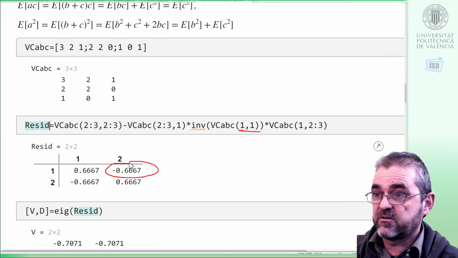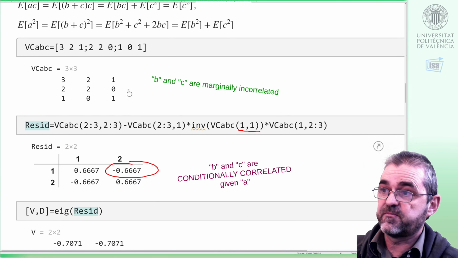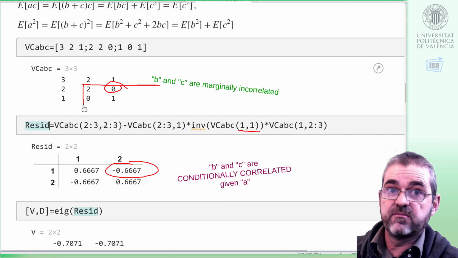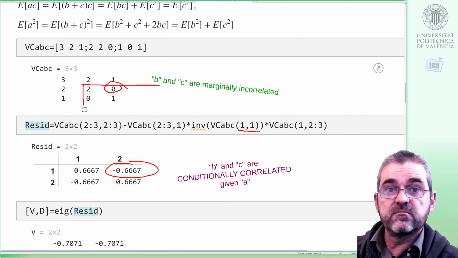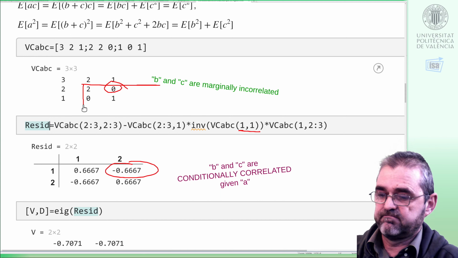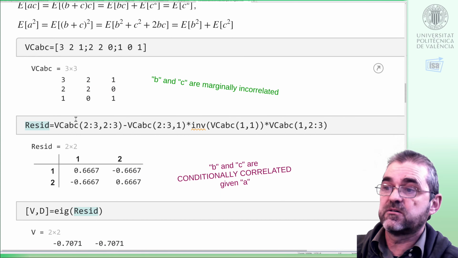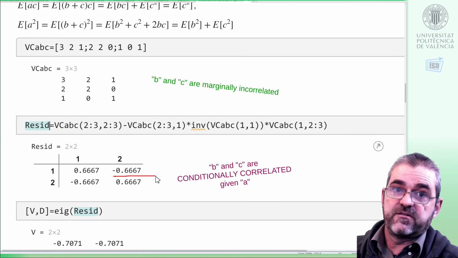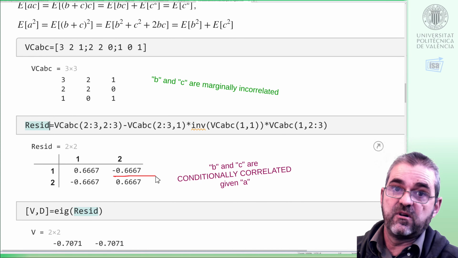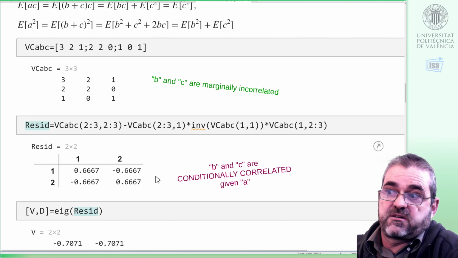As it is not diagonal, we realize that even if marginally, when the sum was not known, they were not correlated, they are statistically independent variables, once I know the sum, suddenly a correlation appears. This is, of course, conditional correlation, negative. So if the sum is fixed, a large value of B entails a small value of C. Of course, this is common sense.